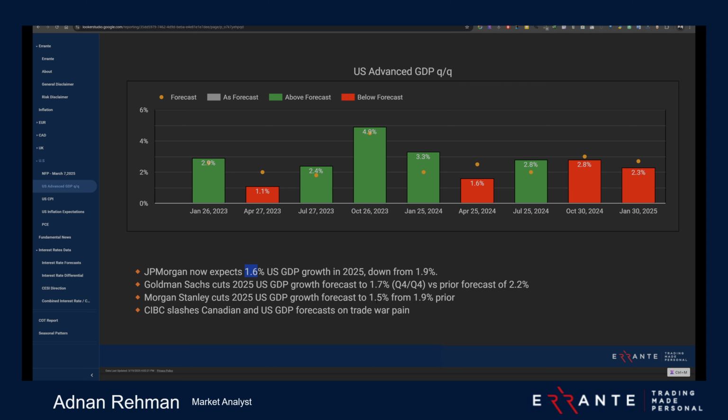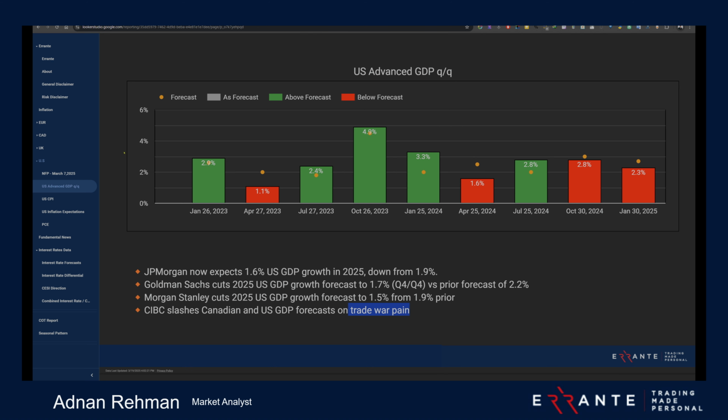They've even gone downwards to 1.5%, and CIBC has clearly stated that this downward movement is due to trade war pain. That is what I've been saying since the start of January, that this is a problem the markets will face, and now it's facing the heat. So the GDP story is moving towards the downside.